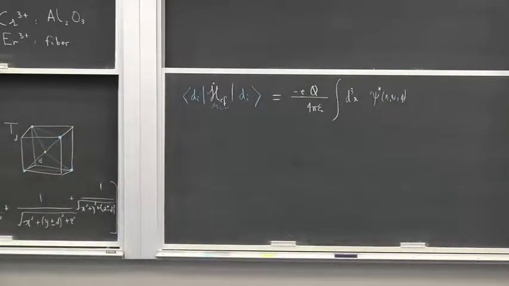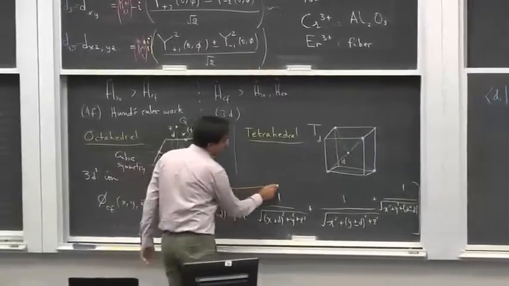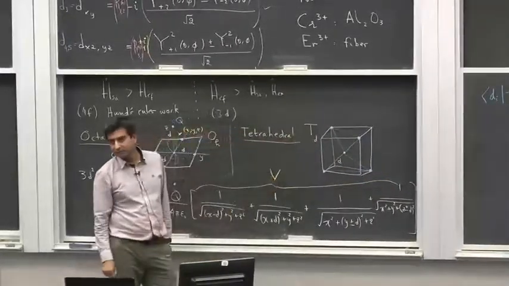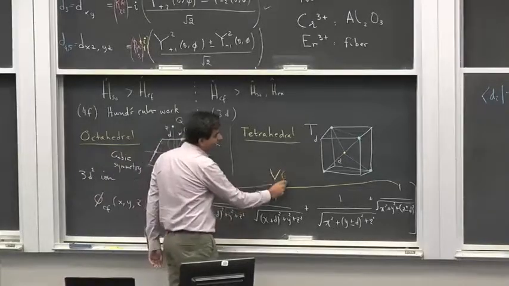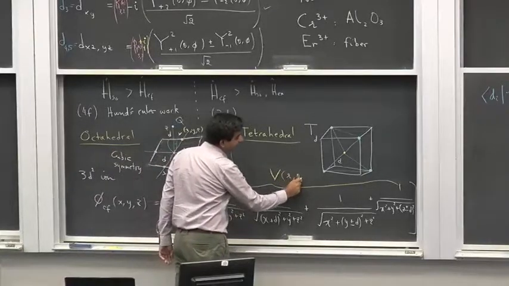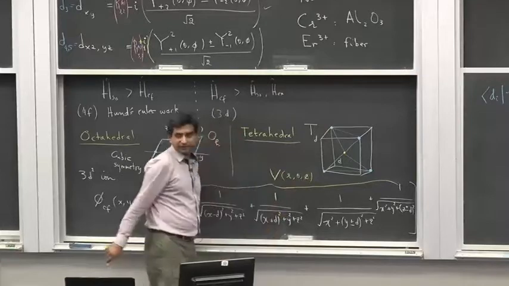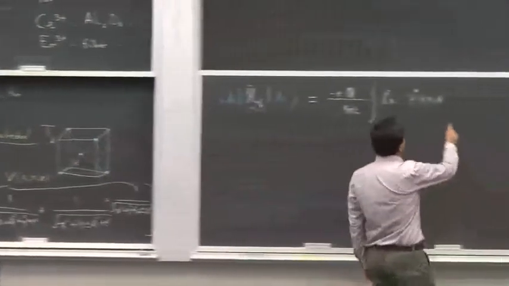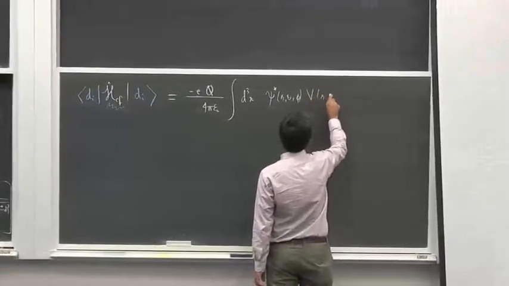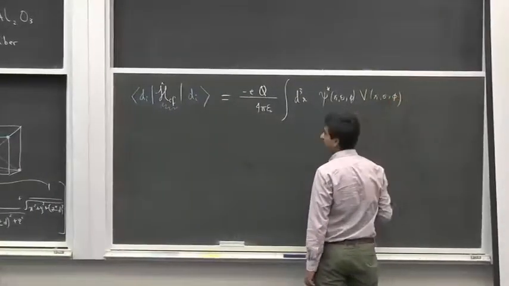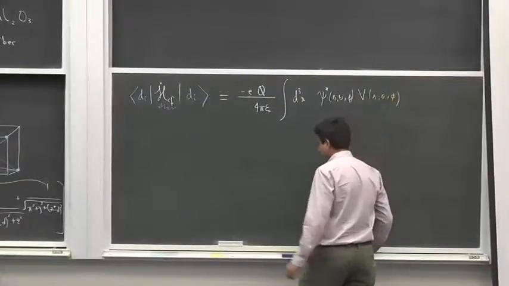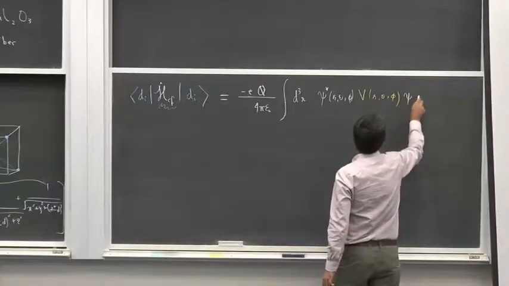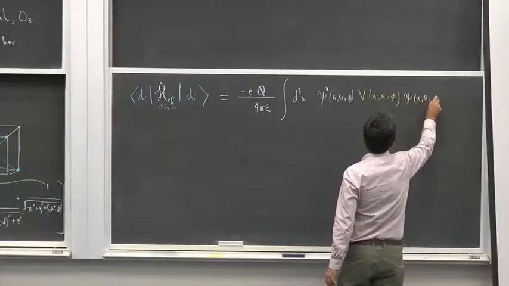I will call all of this some potential V. It is a function of r, theta and phi, because x, y and z are functions of r, theta and phi. So I put a V here, function of r, theta and phi. And then I need to put this thing in here. So I put in psi of r, theta, phi. So I need to calculate this integral.